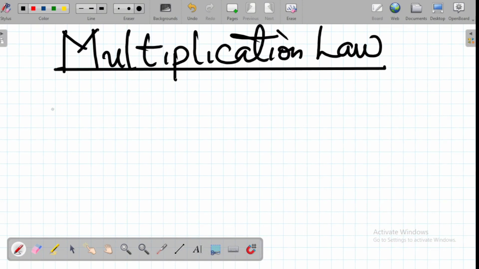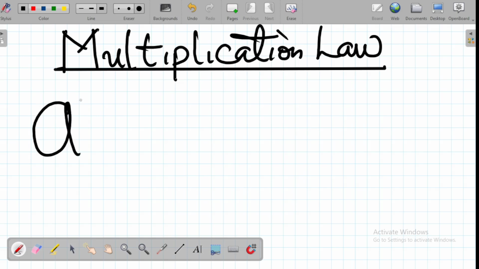If we are to multiply expressions of the same base such that it has same or different index, simply add up the index together. So let's take an example.